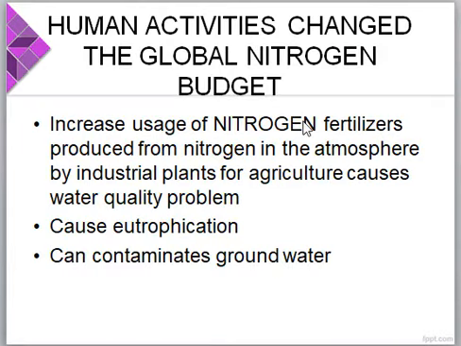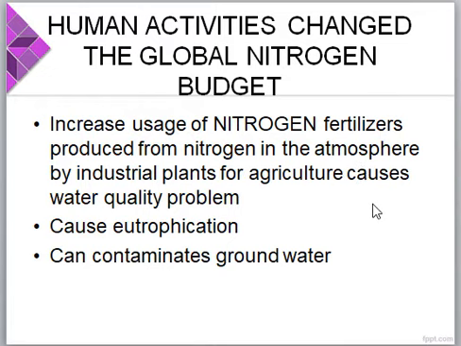Now, what are the human activities that change the global nitrogen budget? Increased usage of nitrogen fertilizers produced from nitrogen in the atmosphere by industrial plants for agriculture causes water quality problems.